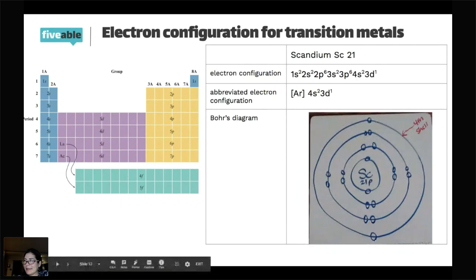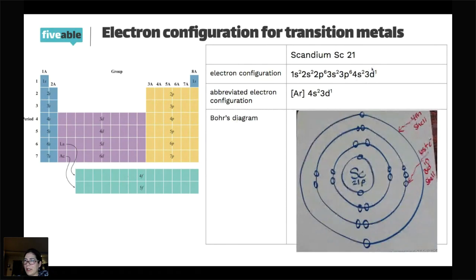And then the last electron is going to go in the inner third level. So on the third level, we have the 8 electrons from before, plus the last electron. So we end up with this Bohr diagram for scandium.